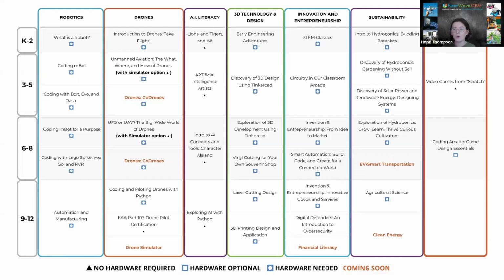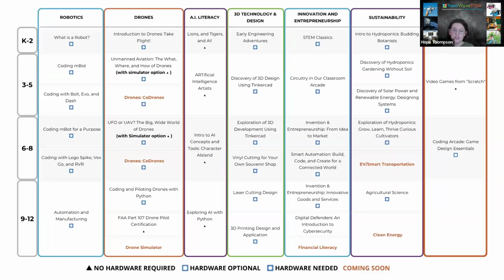So as you can see, some of our courses are no hardware required whatsoever. Some are hardware optional. And some do have a corresponding technology, like a robot that goes along with our robotics courses. So depending on what your goals are for your school and for your students, you may choose different lessons, different topics from this chart to meet the needs of your particular classroom.